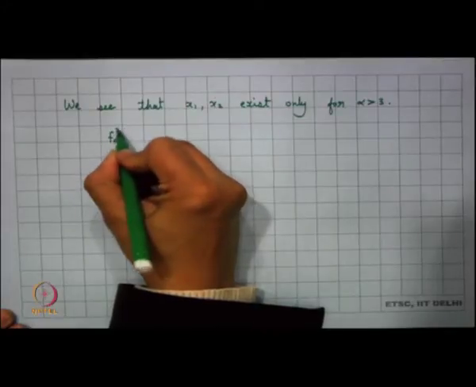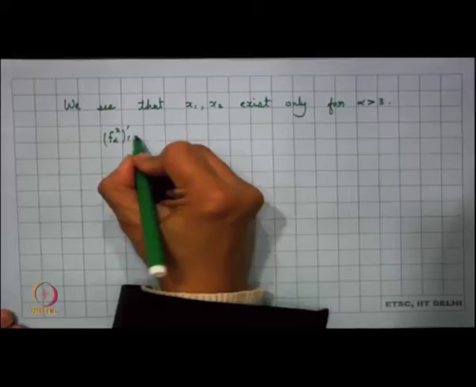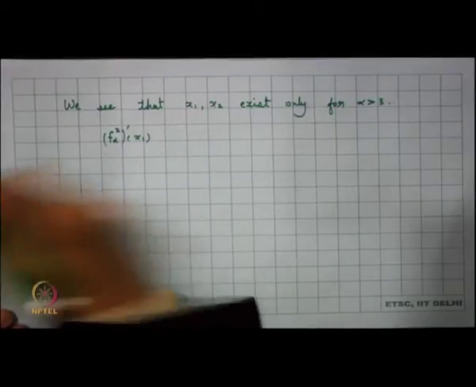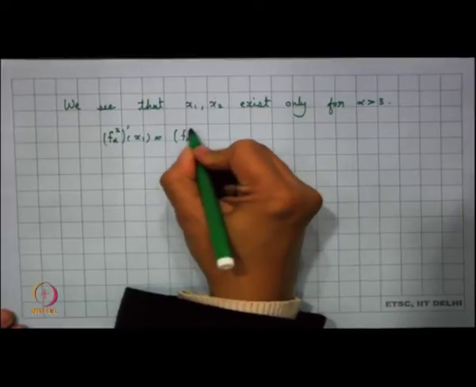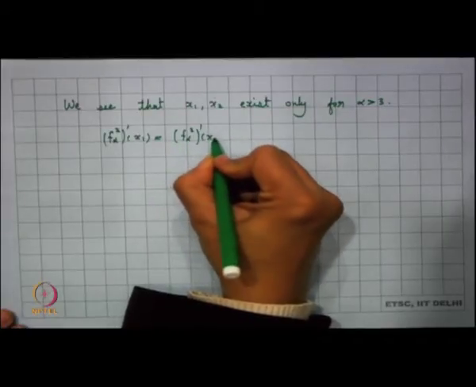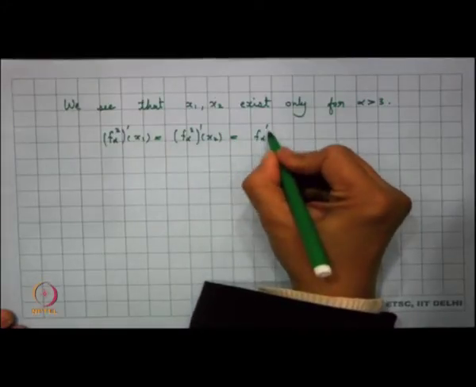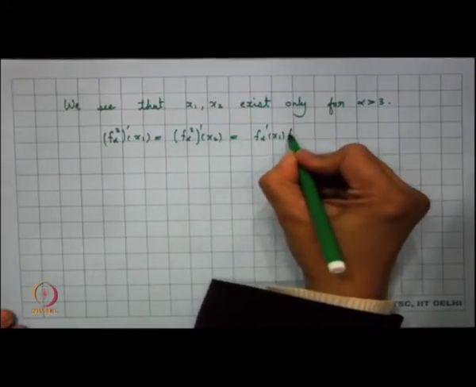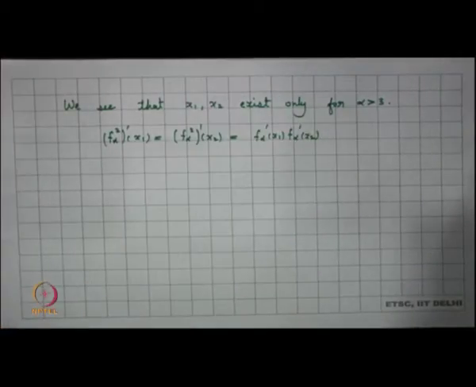What happens at f alpha square prime at the point x1? By symmetry this will be the same as f alpha square prime at x2, which happens to be the same as f alpha prime x1 into f alpha prime x2, and what is that equal to?